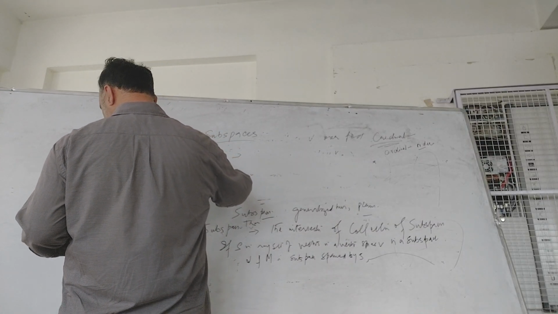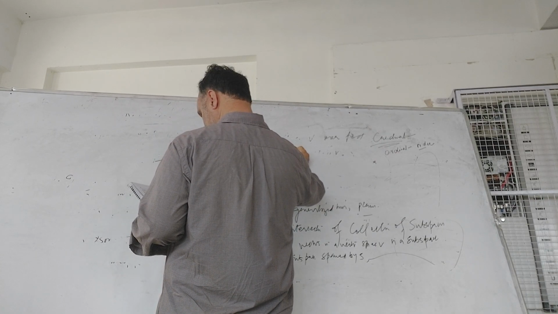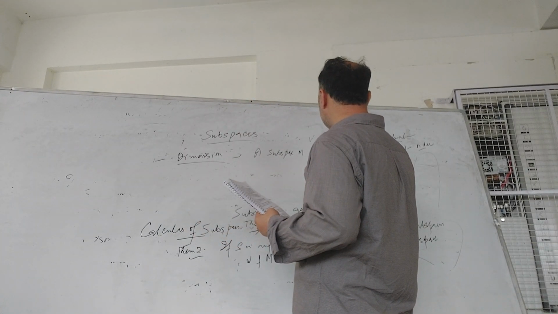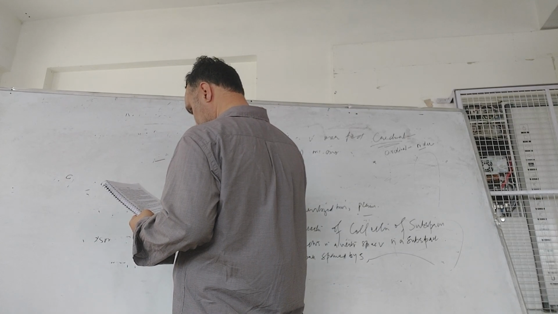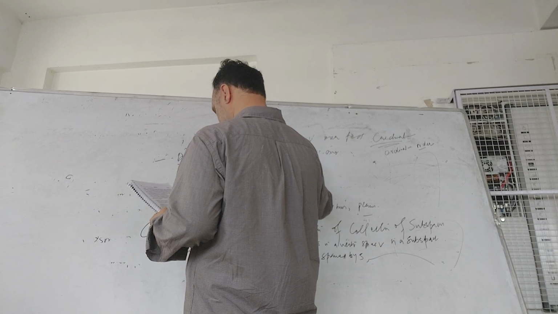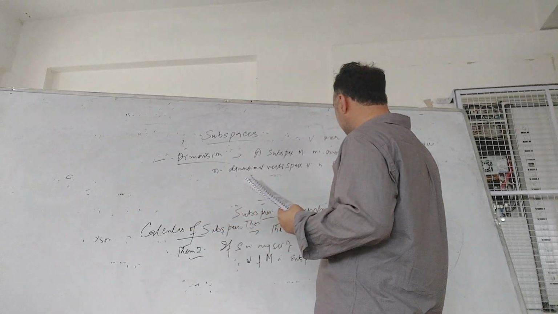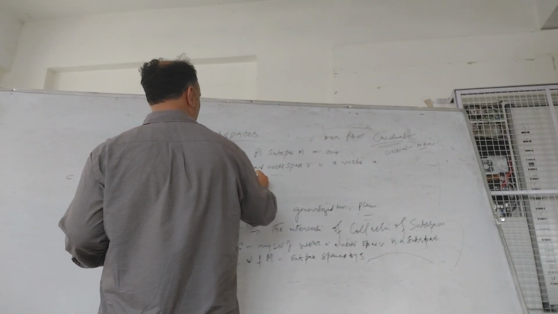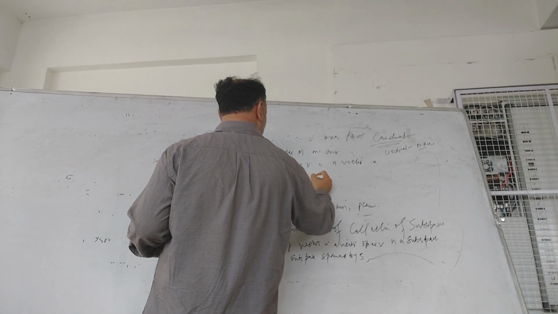So the theorem is: a subspace M in an n-dimensional vector space V is a vector space of dimension less than or equal to n.